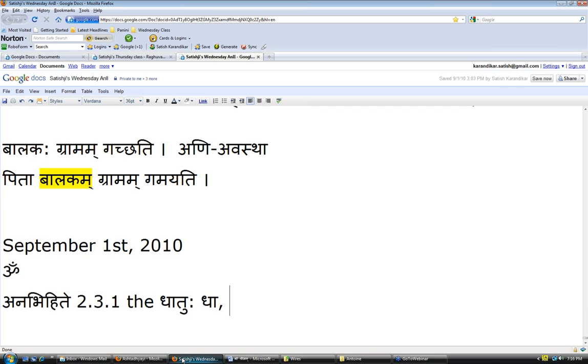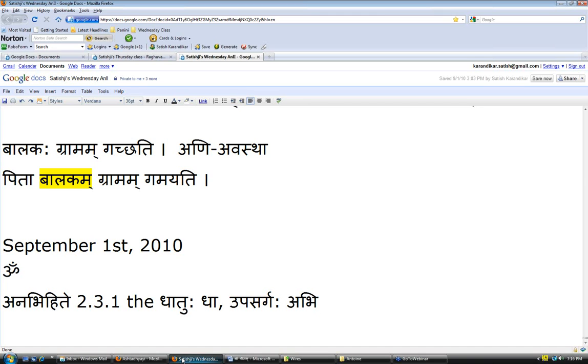Anybody in the Gita, where this form comes in the Gita? Now we can also search the Gita, by the way. That's also very useful. This word abhihita in the Gita comes in the second chapter, right?